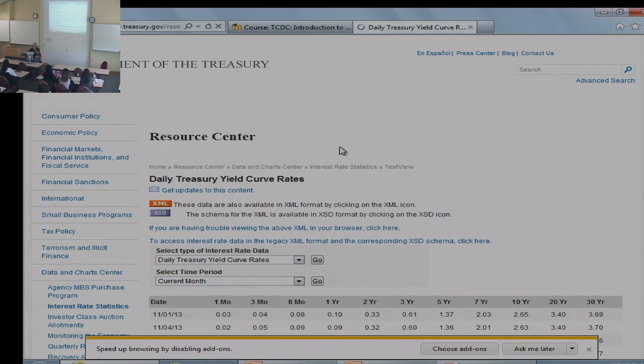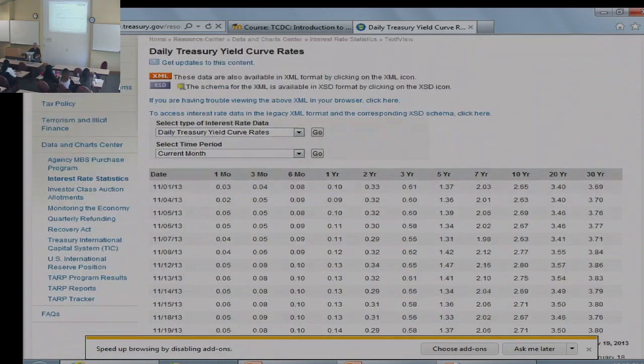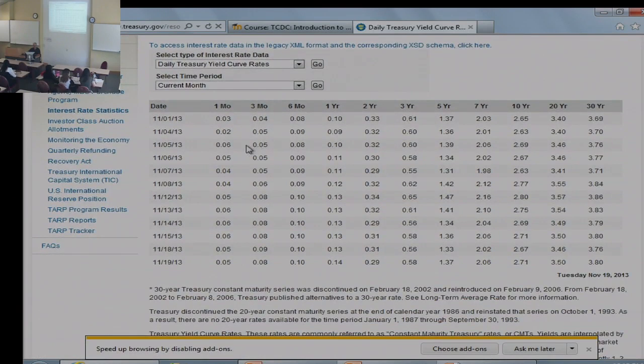Here we go. Treasury, daily yield curve. Yeah, backward Americans and their silly dates. 11, 12, 11, 13. So the 11 is November. 19th of November.